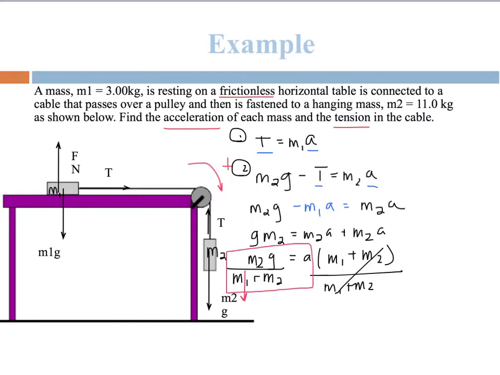So if I know all my values, then at this point I can plug in my numbers. Again, you want to get comfortable with solving these in terms of equations before you put in your numbers, because on a free response, it's very likely that you're not going to have numbers.